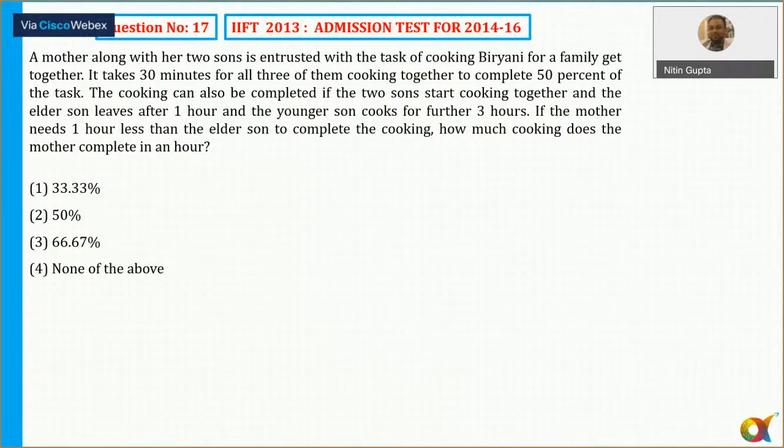Now this is one question which I think is somewhat difficult, a very good question based on time and work. A mother along with her two sons. एक मदर है और दो सन है, so I can say S1 and S2.